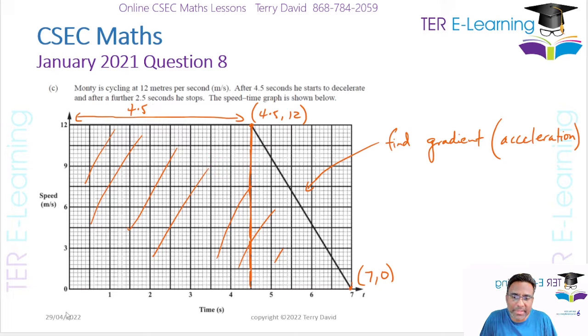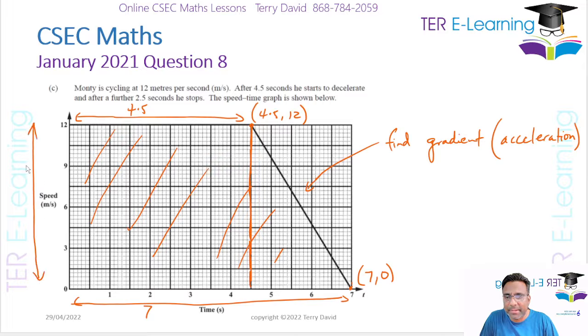The distance at the bottom here is going to be 7, and the height of this thing here is 12. Now there's a formula to find the area for trapezium, which is given by a half by the sum of the parallel sides multiplied by the height. I have all the information needed to do that.